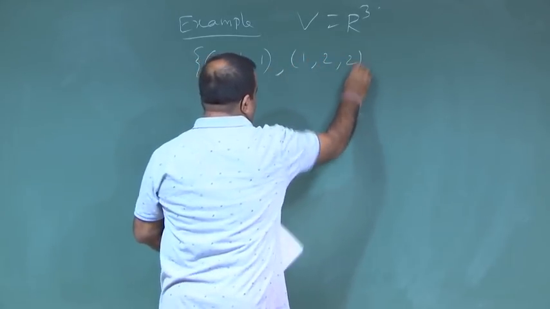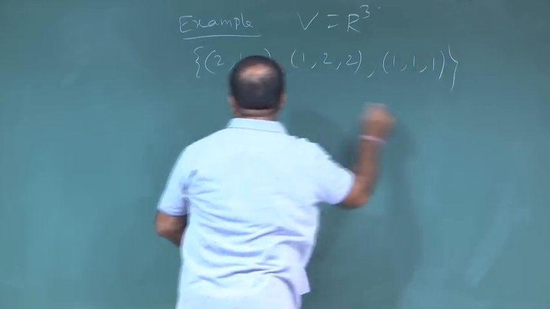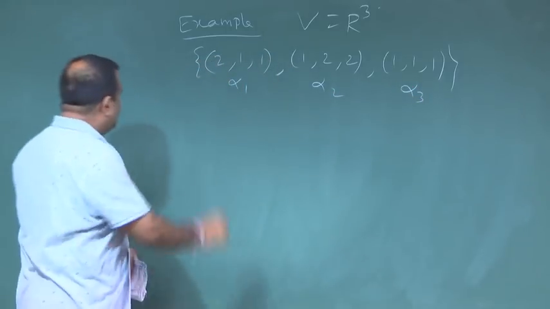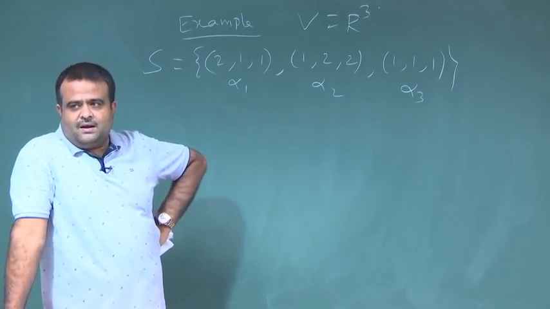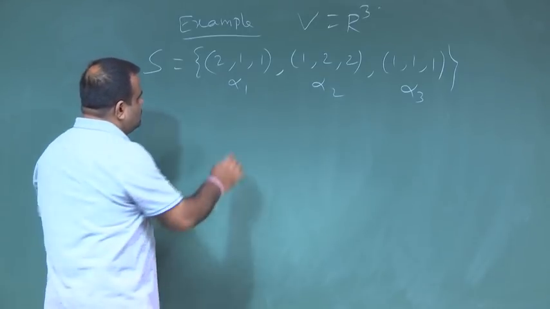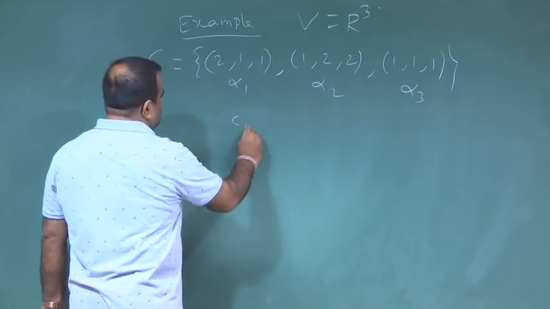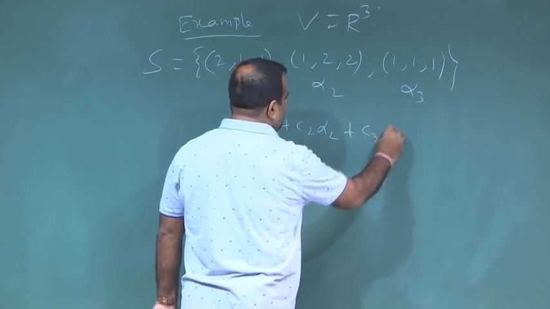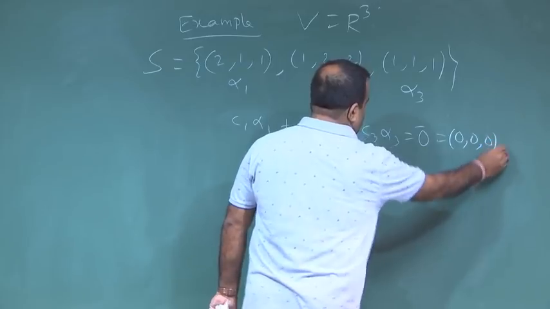Then 1 2 2, then 1 1 1. So, this is our alpha 1, this is our alpha 2, this is our alpha 3. We want to check whether this set is a linearly dependent or linearly independent set of vectors. Okay, so for that we choose C1, C2, C3 such that C1 alpha 1 plus C2 alpha 2 plus C3 alpha 3, where this plus is again the vector addition, is equal to the 0 vector, 0 0 0.